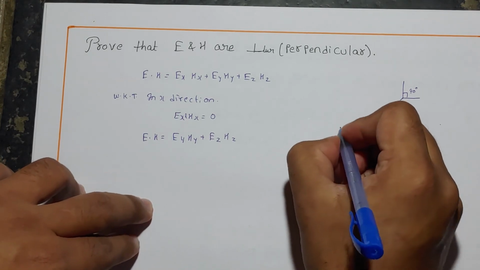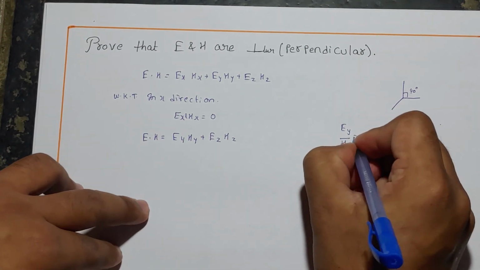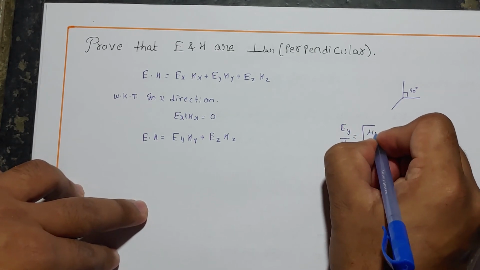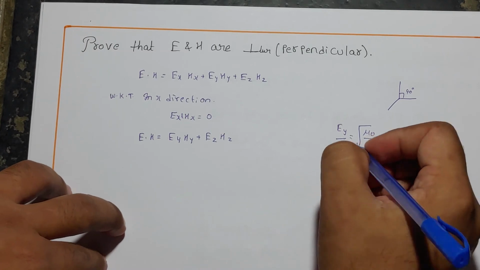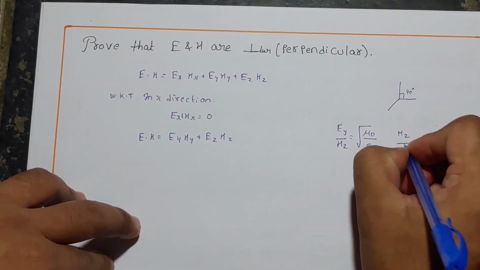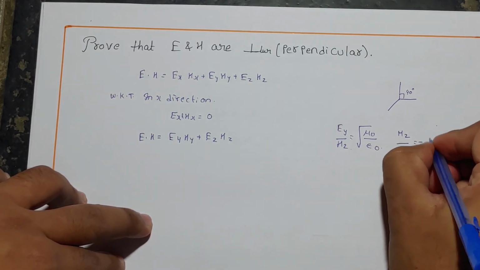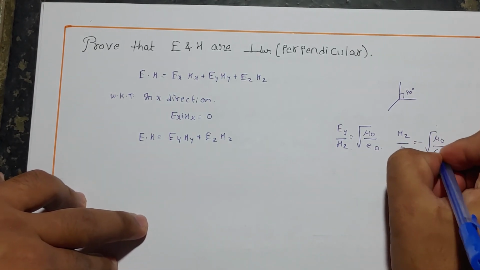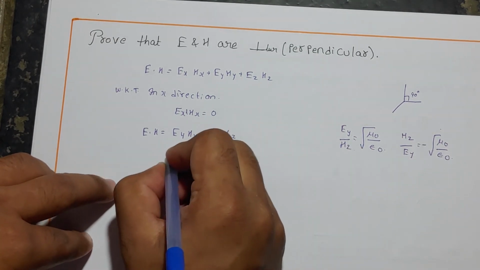But we know that from intrinsic impedance, Ey by Hz would be equal to square root of mu naught by epsilon naught. When we reverse this equation, Hy by Ez could be equal to minus square root of mu naught by epsilon naught. Let us write them.